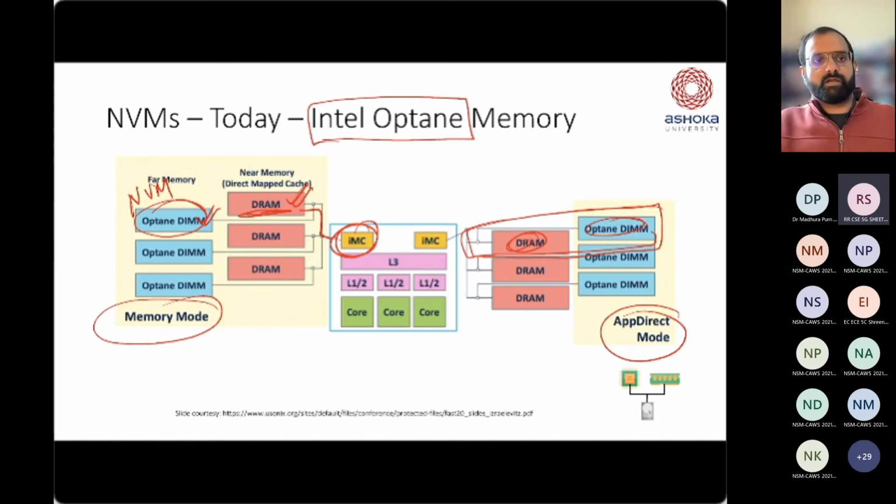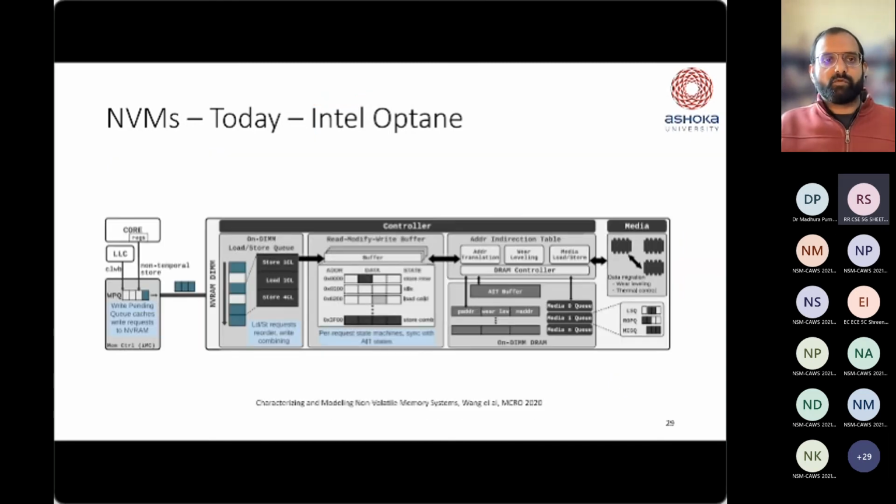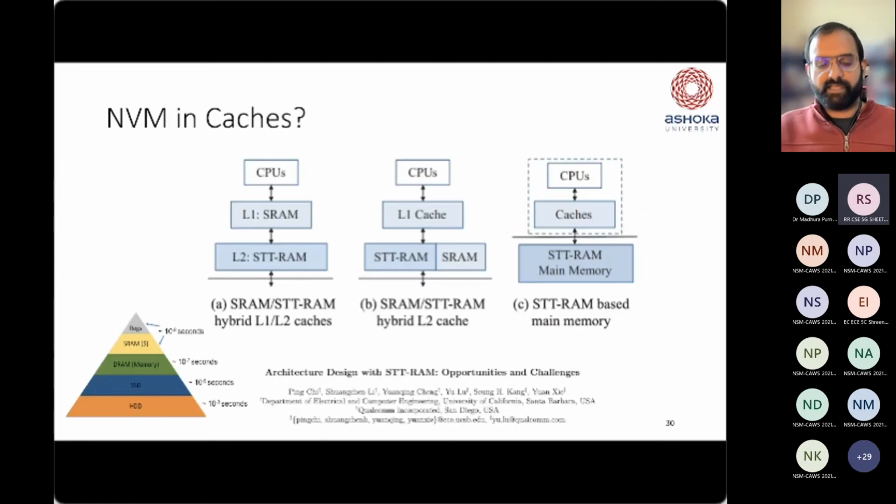That essentially requires that you move away from the standard protocol that you used to talk to DRAM DIMMs, the DDR3, DDR4 kind of protocols that we've been used to seeing for a while, and that has moved to what is known as the DDR-T protocol, right? So again, there's a lot more detail that can be talked about in terms of what the architecture of the Optane looks like internally, and I'd be happy to talk about it at a later time.